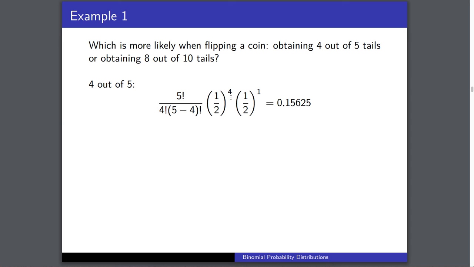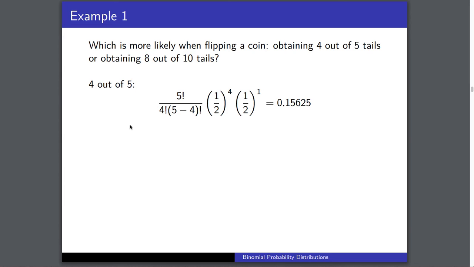And note that when you add up the exponents, 4 and 1, you get the total number of trials, which in this case is 5. That should always be the case, where this exponent plus this exponent equals the first value in the factorial in the binomial formula. Calculating all this, we get about a 15.625% chance that if we flip a coin 5 times, 4 of those 5 times it's going to result in tails.